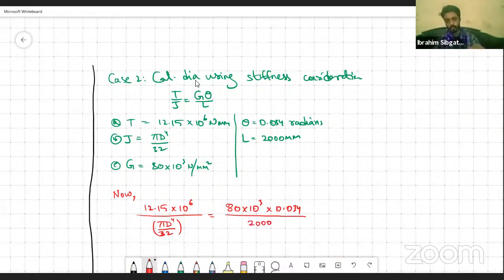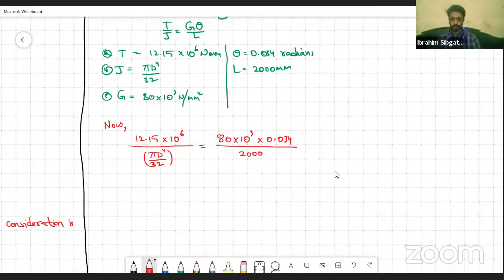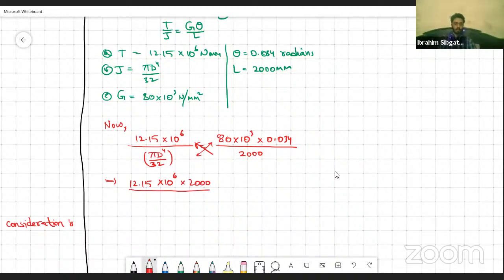Okay, now let's cross multiply the values. So these values will come here and these values will go there. So this will be 12.15 into 10 power 6 into 2000 divided by, no, let's not do it like this.